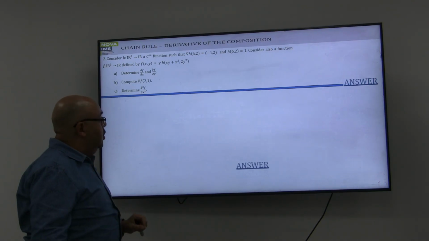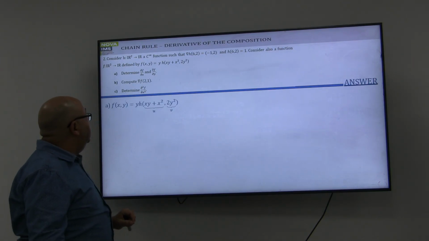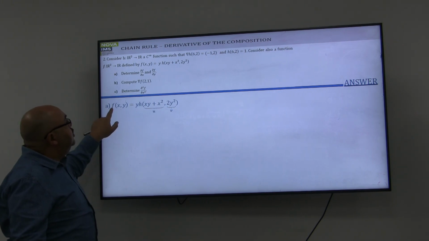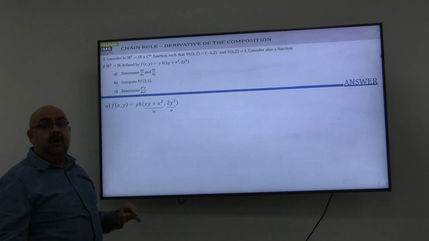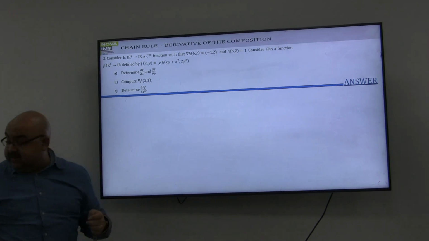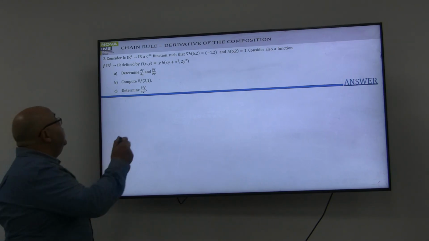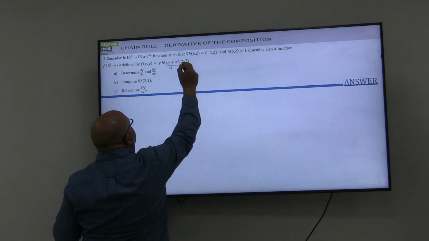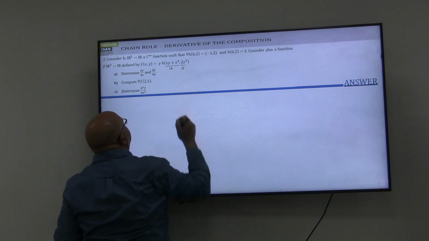First of all, okay, we need to find the derivative. This is the derivative of the function with respect to x and with respect to y. So I will need to identify it. We did go through this previously. I can consider this value by itself as u and that value by itself as v.